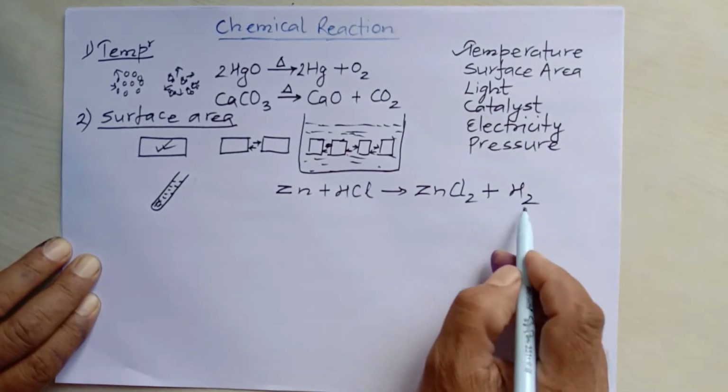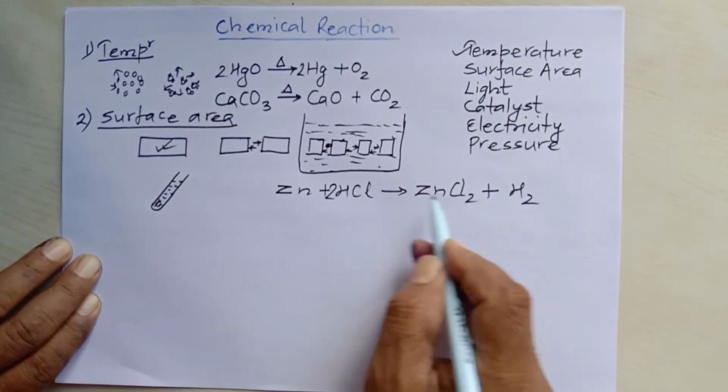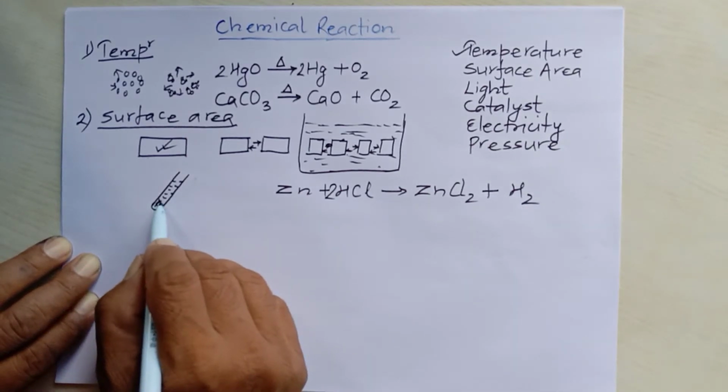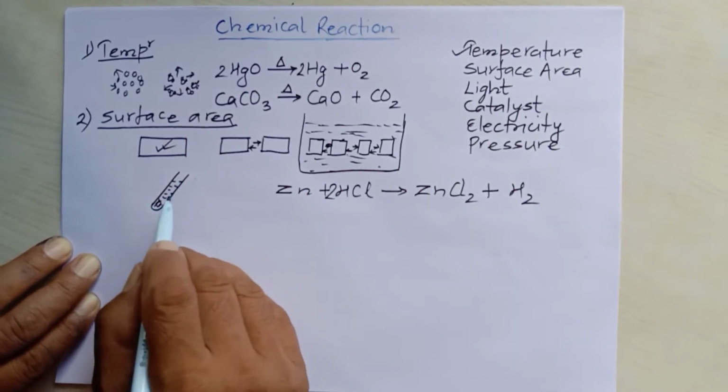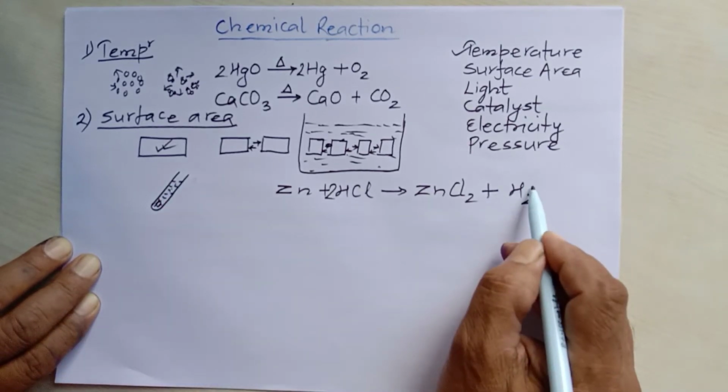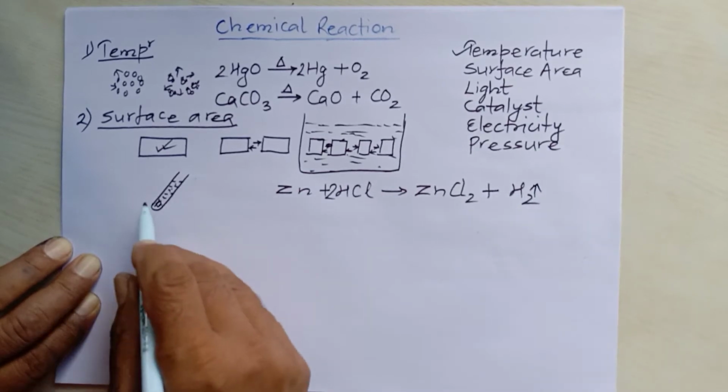That's why diatomic, H2, and ZnCl2, balanced. If a piece of zinc is dropped into dilute hydrochloric acid in a test tube, then we can see the bubbles of hydrogen gas which come in this reaction.